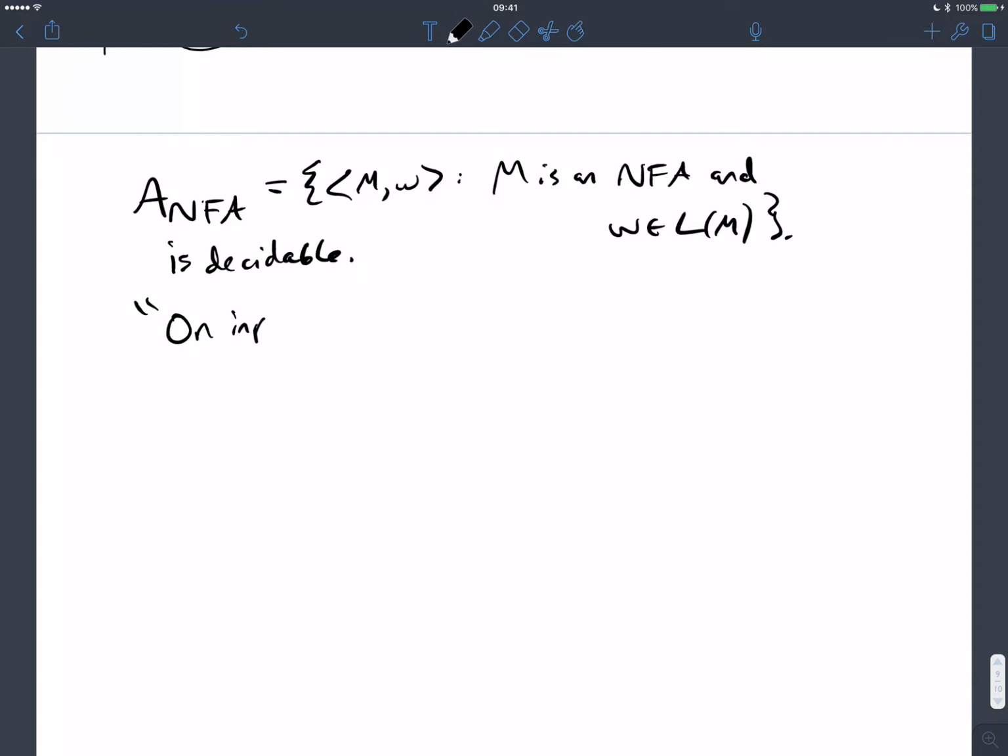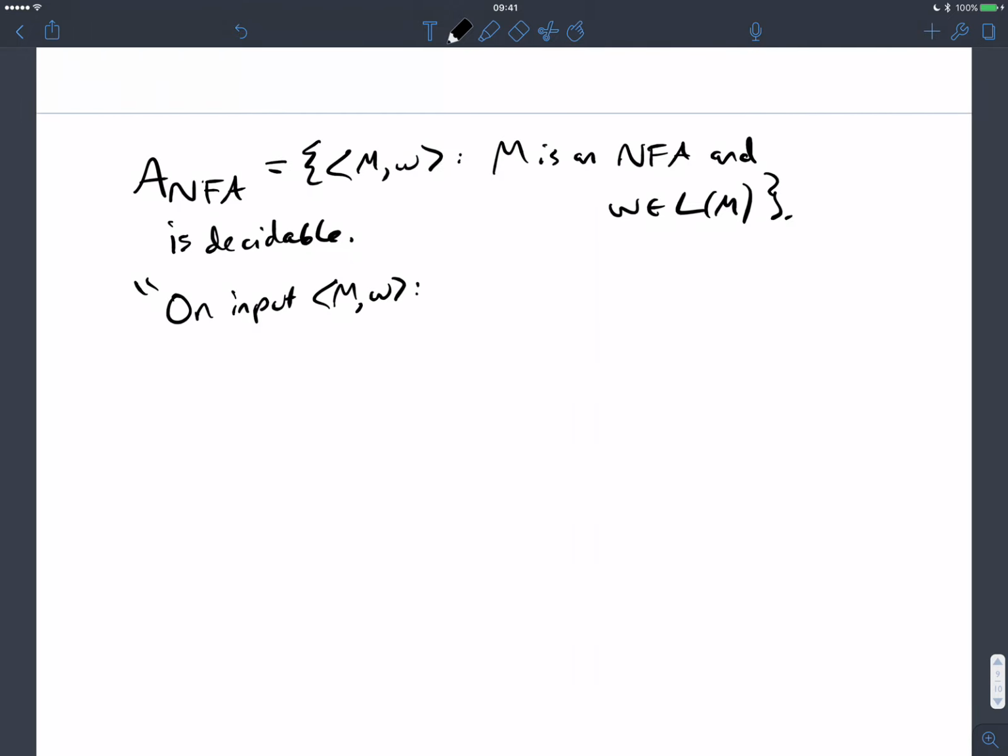On input M, W, I'm not going to say where M is an NFA. It should be pretty clear what it is. Convert M into an equivalent DFA, and I'm going to call that DFA D. Well then, since it's an equivalent DFA, what have I just reduced this problem to?